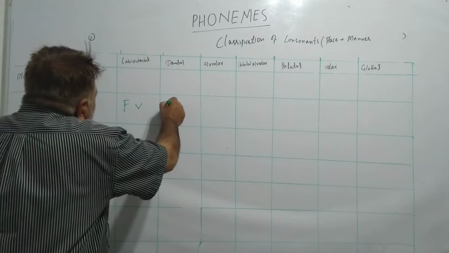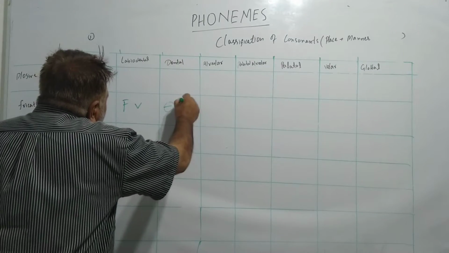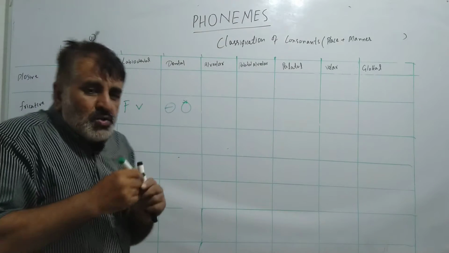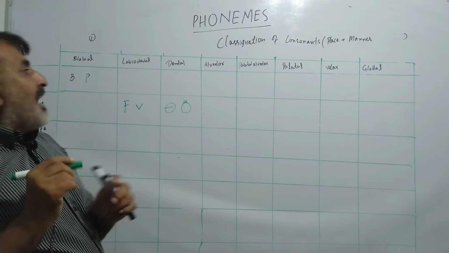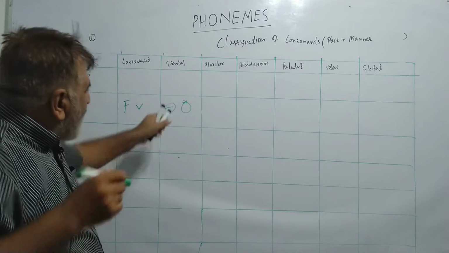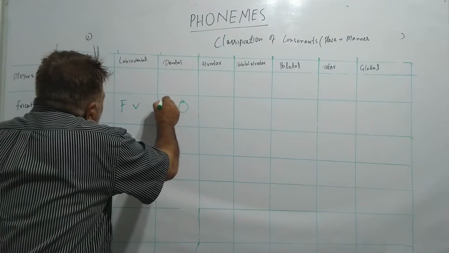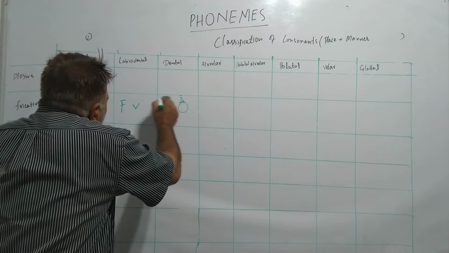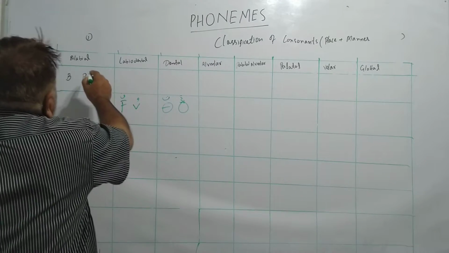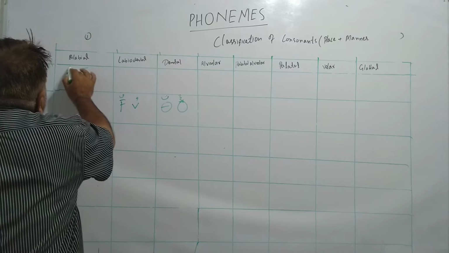So I should write this one, ta and da. Again, look here: this is ta and this is da. This is va, this is fa, this is pa.